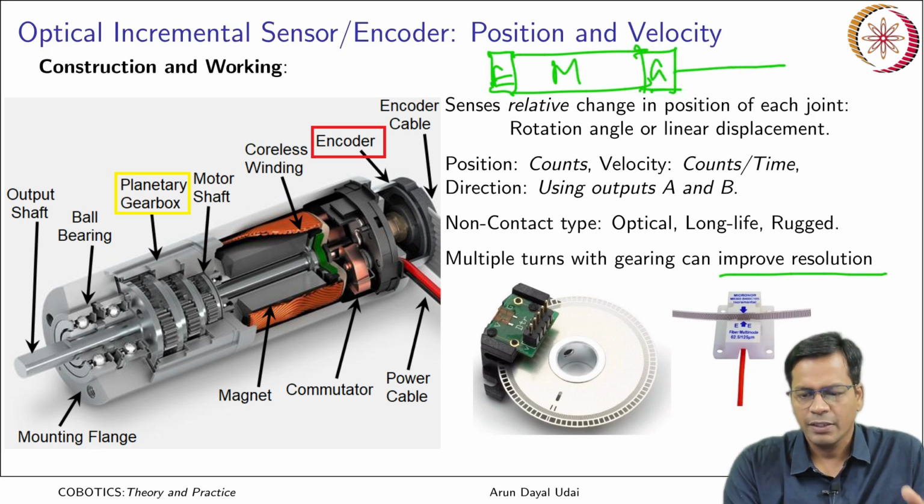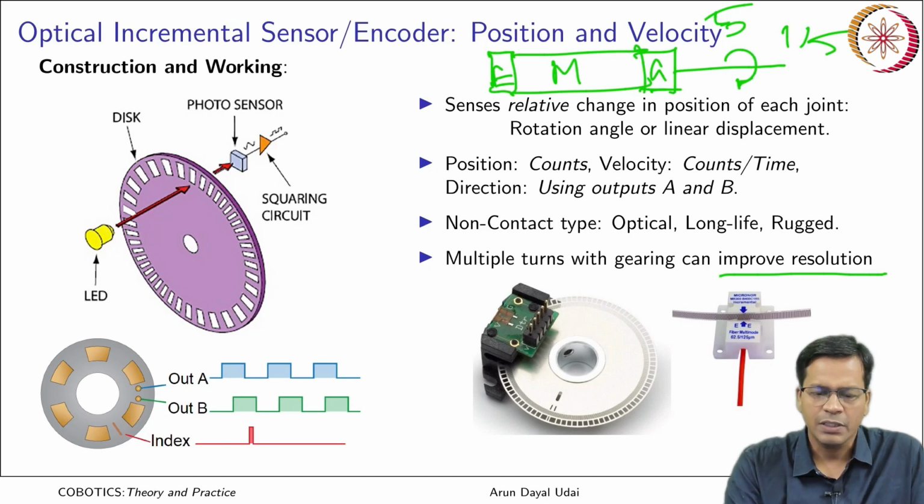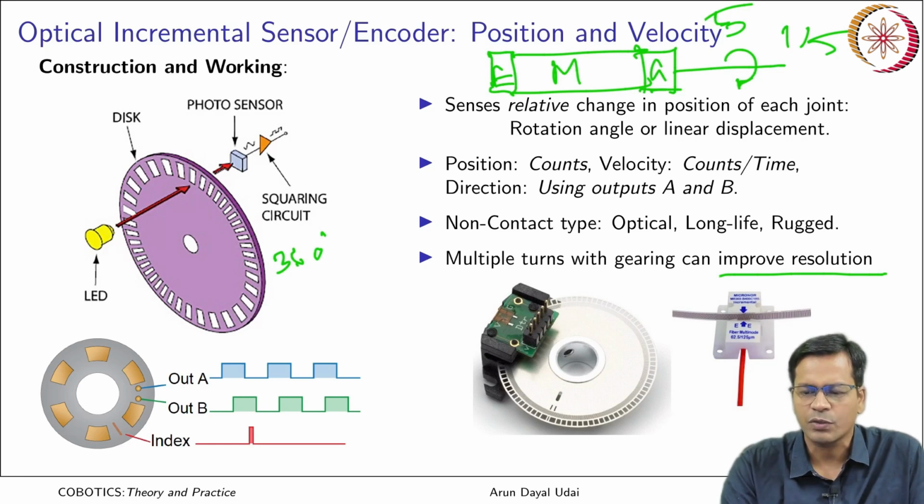Let us say this is a gear with gear ratio 5 times. So what happens? For every 1 turn of this motor, you get 1 by 5 turns of the output shaft. So 1 turn, that means if this wheel has got 360 windows, 1 turn will give me 360 total counts that I can read, but the output shaft has rotated only by 1 by 5 turns.